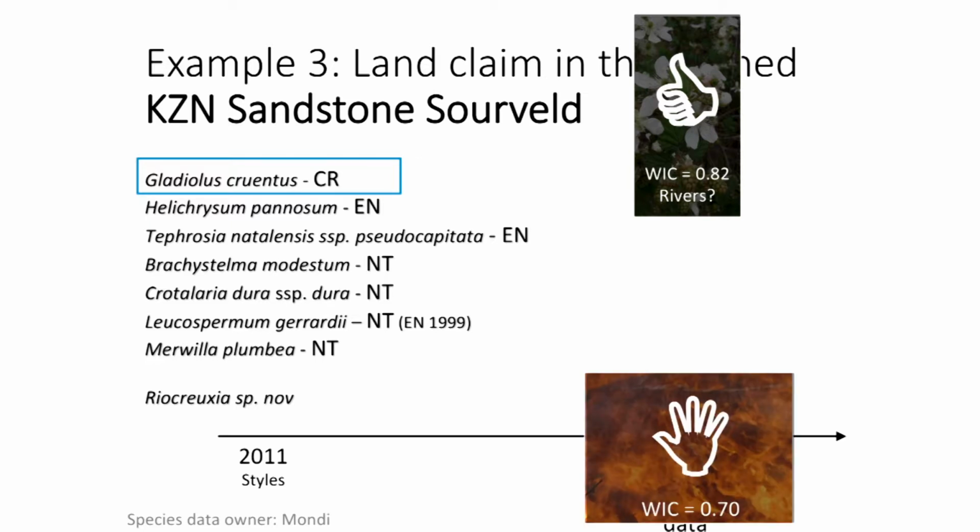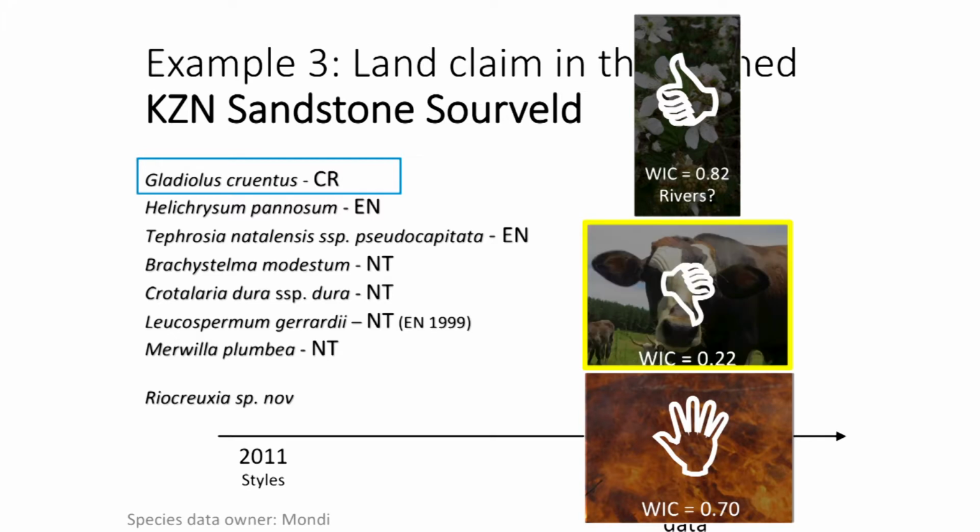Then fire management is also doing good. Too frequent fire was raised as a concern by David Stiles, specifically for that Leucospermum species, where there are some taxonomic issues. There are only a few populations in KwaZulu-Natal, and they might be taxonomically distinct from the other populations in Swaziland and Mpumalanga.